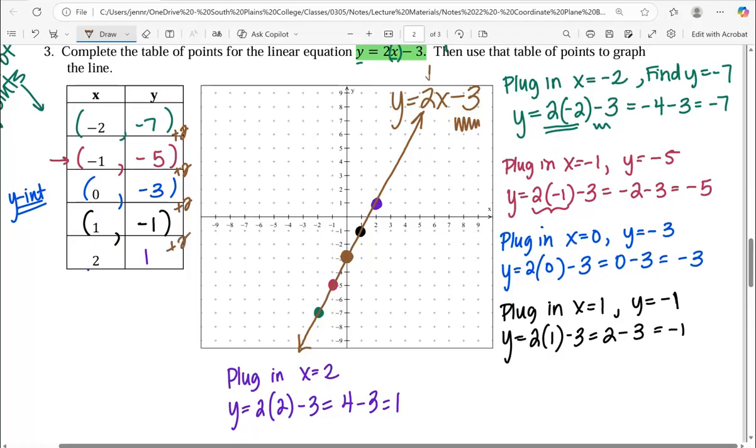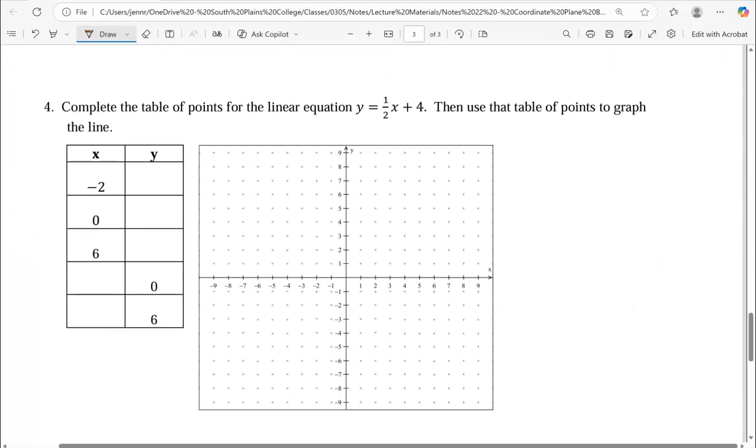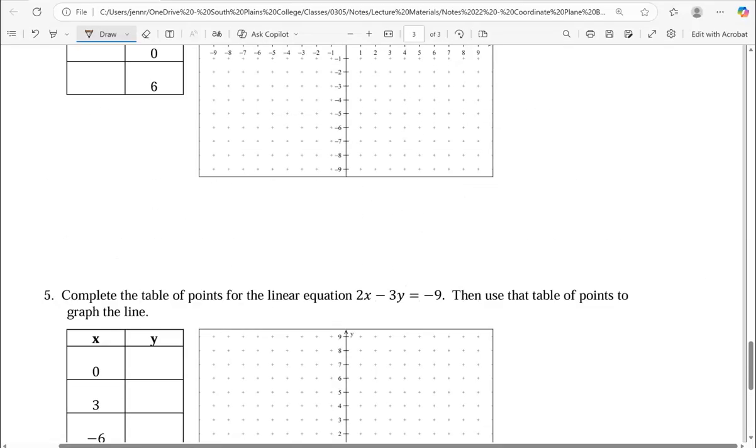That is also not a coincidence because of the 2 that's attached to my x. In our next lesson, we're going to talk more about where those are coming into play in what's called the slope y-intercept form of a linear equation. But for now, we have a couple of more to look at.